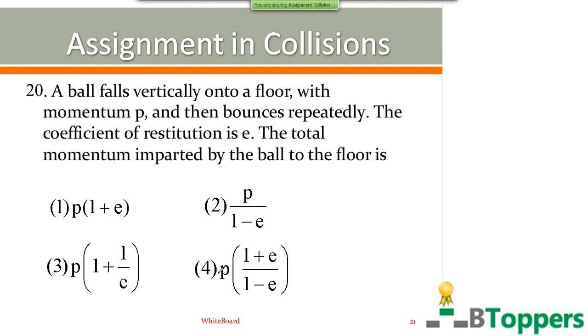The total impulse imparted to the floor by the ball during all collisions with the floor before it finally stops is given by P into (1 plus E) by (1 minus E). So I already discussed this case in detail, so I don't want to discuss that again. So the fourth option will be the answer for this question.